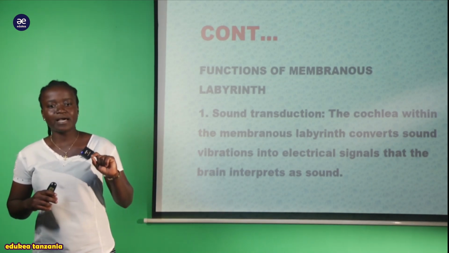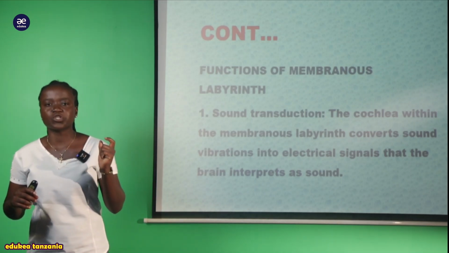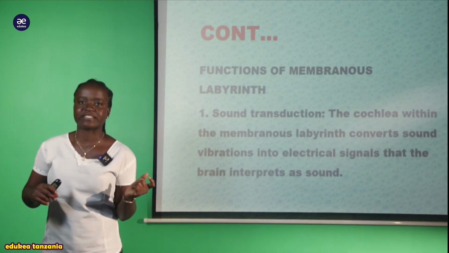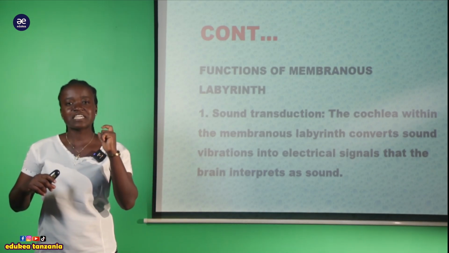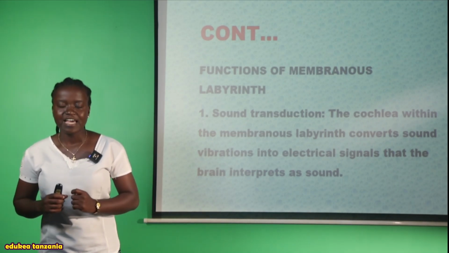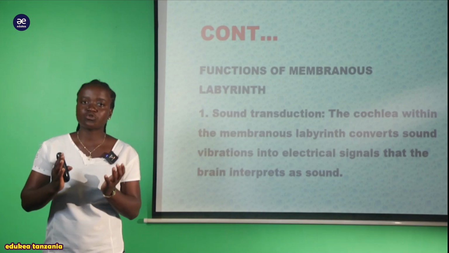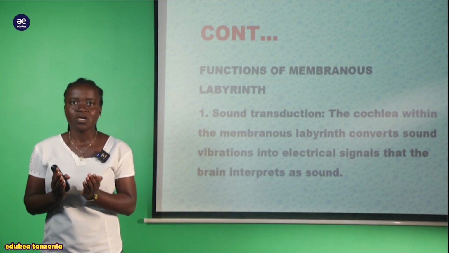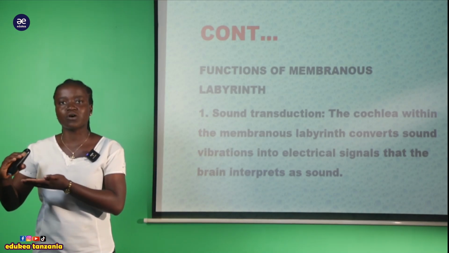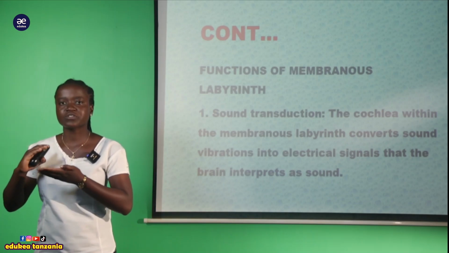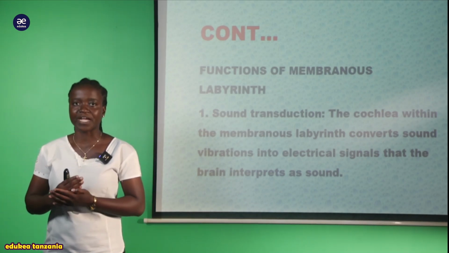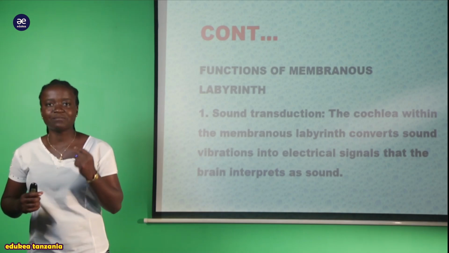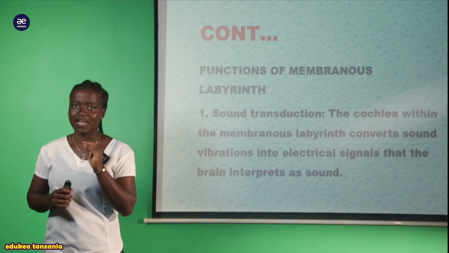It means that after the vibrations pass from the outer ear through the middle ear and enter the inner ear, that is where they are changed from vibrations into electrical signals. Those electrical signals are the ones that can be interpreted easily by the brain. And that work is done by the membranous labyrinth.